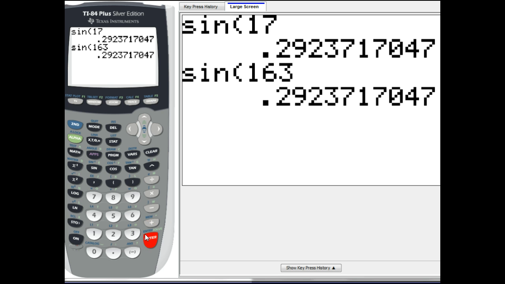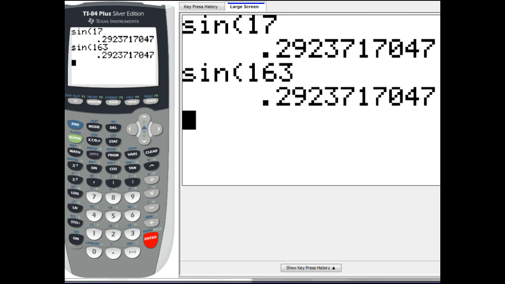And that makes sense because remember, all students take calculus. 17 degrees in quadrant 1, 163 degrees in quadrant 2 have the same reference angle. So therefore, the sine is positive in both quadrants 1 and 2. So the question is, well, which one's right? Is it supposed to be 17 or is it 163? They're both right. They both just might not be correct in this particular context.